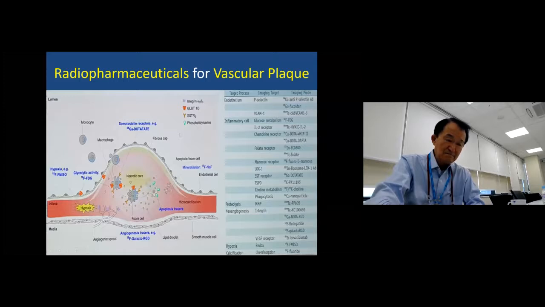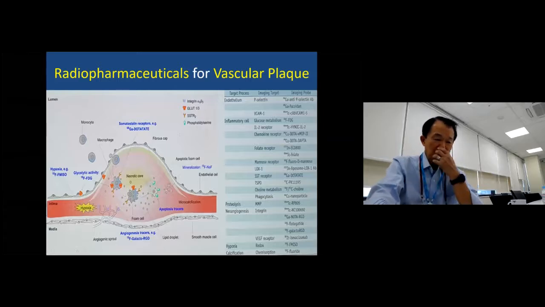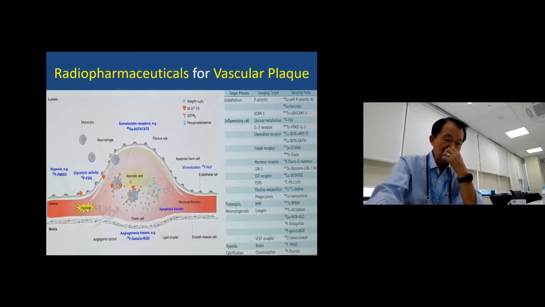fatty metabolic phagocytosis nanoparticle, phagocytosis. And then a proteolysis, a protease has been labeled with the technetium, and certain angiogenetic component, neoangiogenesis, integrin are labeled then.